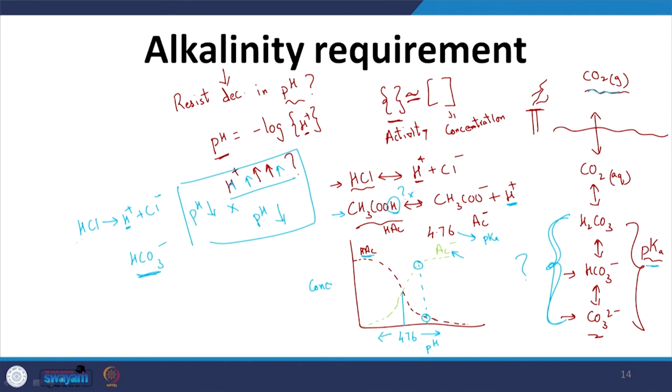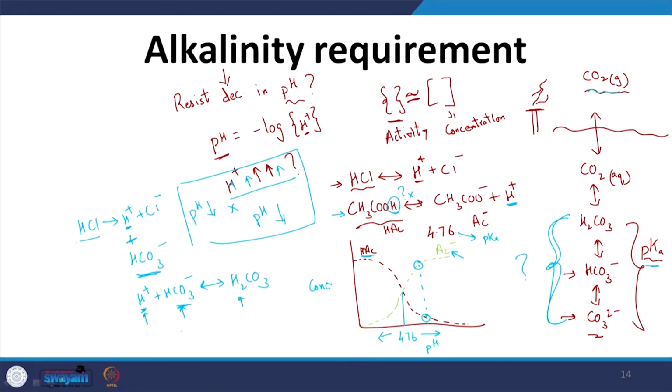After this addition of HCl, H plus is released, but that H plus will be taken up by this HCO3 minus. So H plus plus HCO3 minus goes to H2CO3. You see this H plus is taken up by this base and does not exist as free H plus, so it cannot affect the pH. But that depends upon how much H plus is being added, how much HCO3 minus is there, and what the pH is, and thus the pKa comes into play.